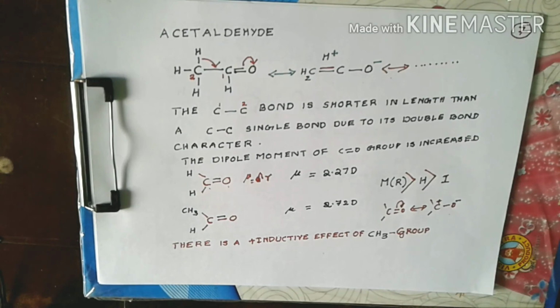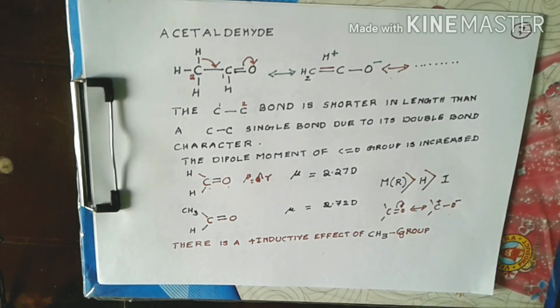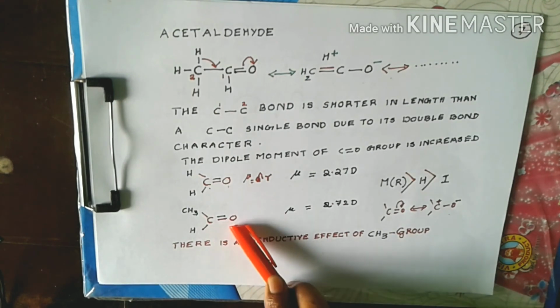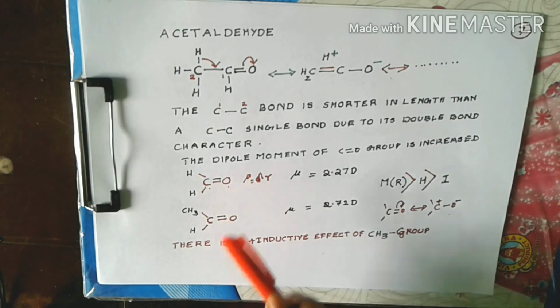Due to this resonance also, oxygen carries negative charge, and hyperconjugation actually increases the extent of the partial negative charge of the oxygen atom, so that the dipole moment of the carbonyl group of acetaldehyde will be higher than the case in which there is no hyperconjugation.